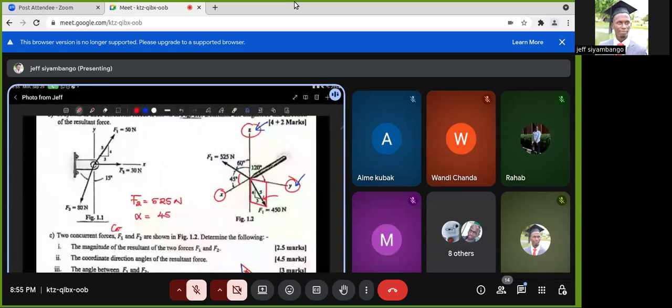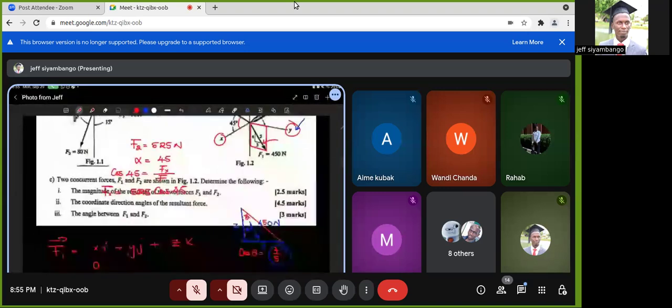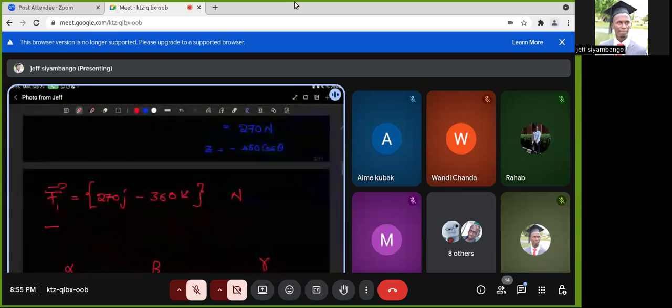So cos 45 is equal to the x component of the force over the magnitude, or the x component is equal to the magnitude, 525 cos 45. So we can say F2 is equal to 525 cos 45 i.